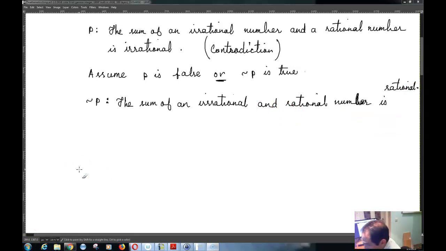Okay, so now the way that you can write this mathematically, because of course you have to prove it, is that you want to assume that the sum of an irrational and a rational number is rational.